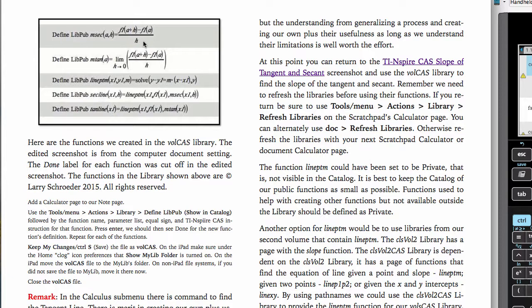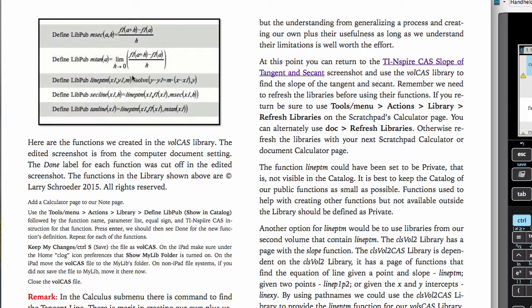on a calculator page. We define the tangent line as the same one here as the limit as x approaches this. Then we did a formula for lines: y minus y sub 1 equals m times x minus x sub 1. And if we solve this for y and put in x sub 1, y sub 1, and m, we can come up with the point slope formula for a line.